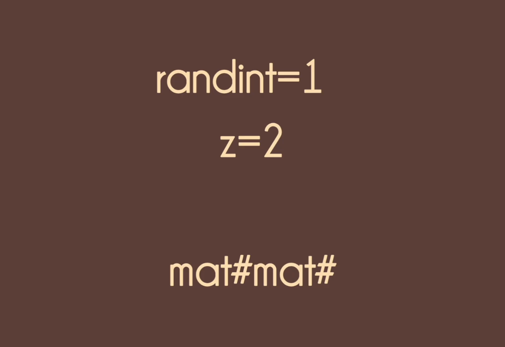First the randint function can give us 1 as its value, and then when 1 is added to it, the final value of z will become 2 for the first time. It is only a possibility, it is not necessary to get the same thing when we run the code. So now at the second index the element is mat, so it will print mat, and now we have used hash as a separator.